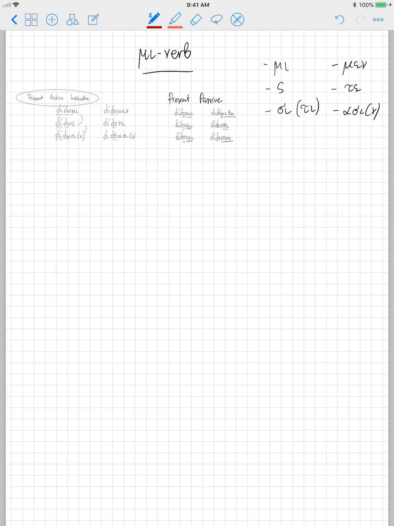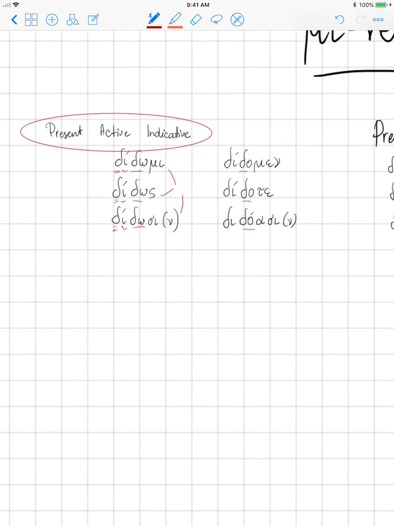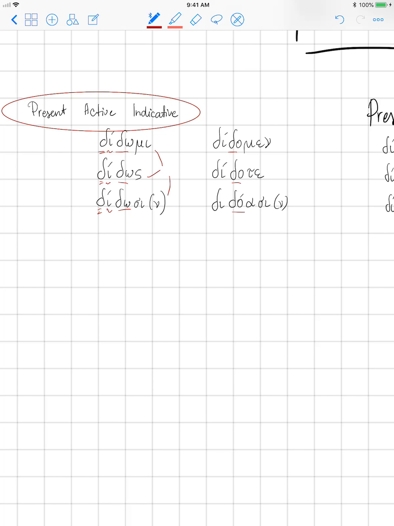Now, it would be cool if we had just present, but we do have some other tenses. Let us look at present active. Well, yeah, let's go over moods as well. So present active subjunctive, what would that look like? How does subjunctive differ at all?